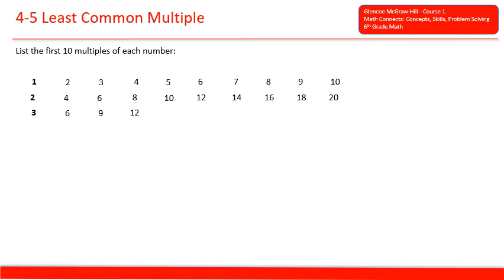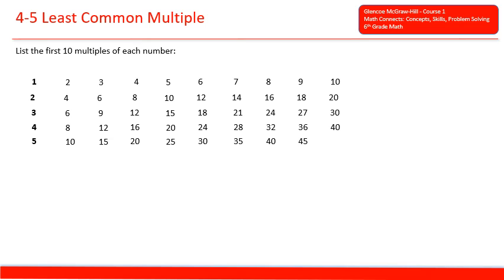For 3: 3, 6, 9, 12, 15, 18, 21, 24, 27, 30. For 4: 4, 8, 12, 16, 20, 24, 28, 32, 36, 40. For 5: 5, 10, 15, 20, 25, 30, 35, 40, 45, 50.